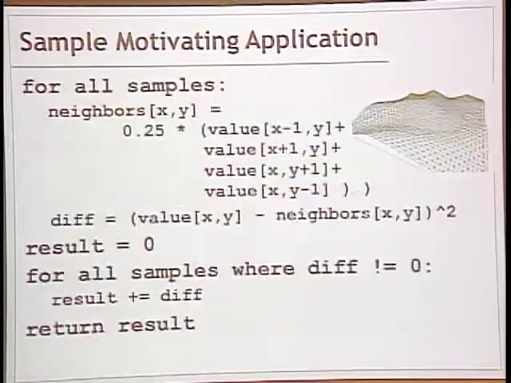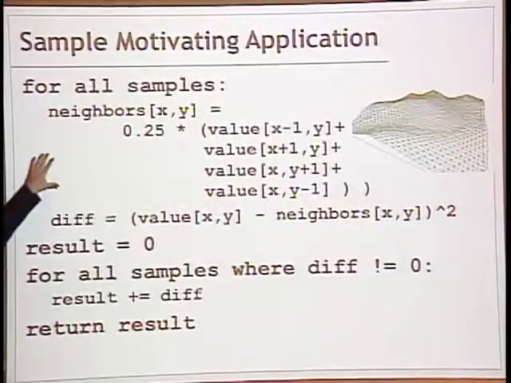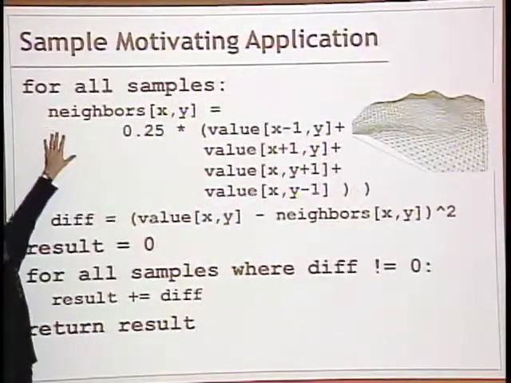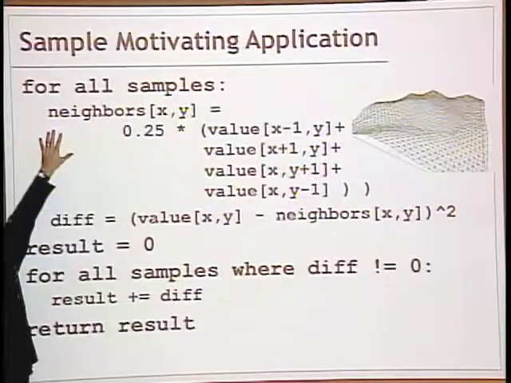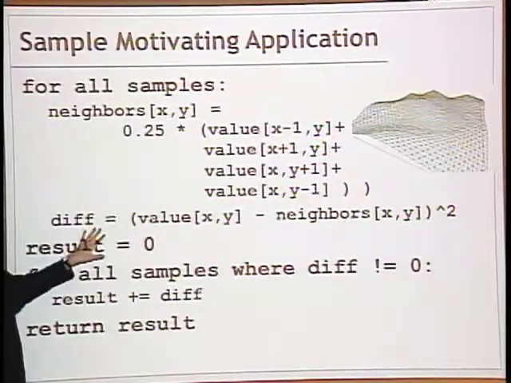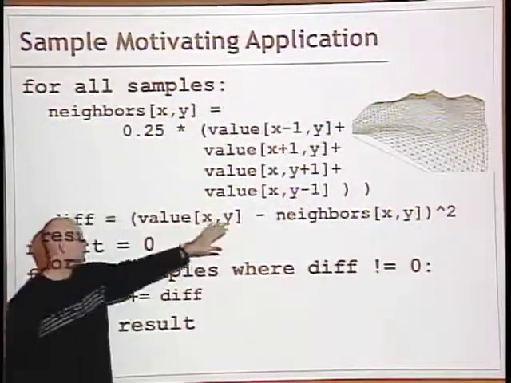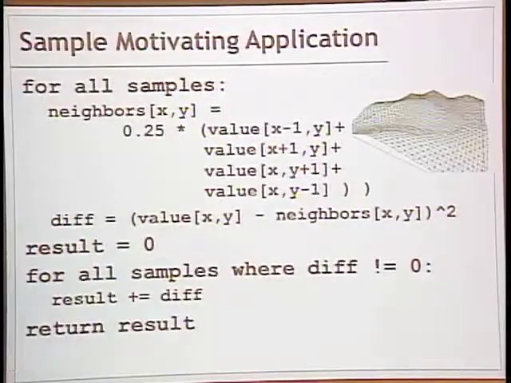So here's our code. First we're going to compute the average value of all of our neighbors. Then we're going to take the diff between our neighbors and our value, and square that. Set a scalar value result equal to 0, loop through all the samples where diff is not 0, add that to the scalar result, and return result.